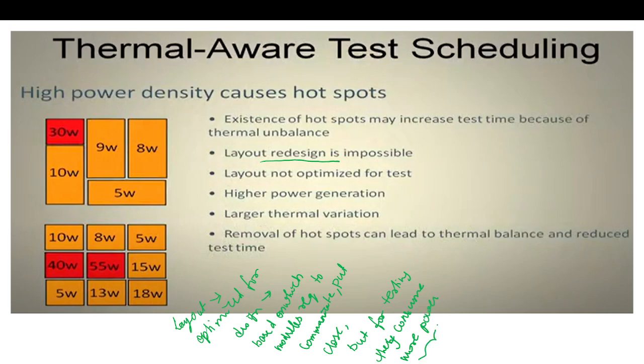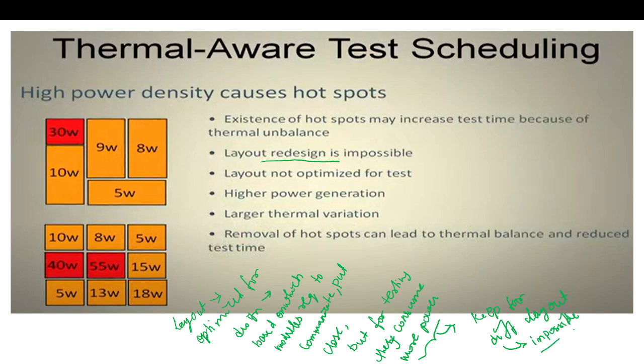So for testing, we cannot say that we want to keep them far apart so that we can avoid the hotspot. We can't say that we need a different layout, so this is not possible.